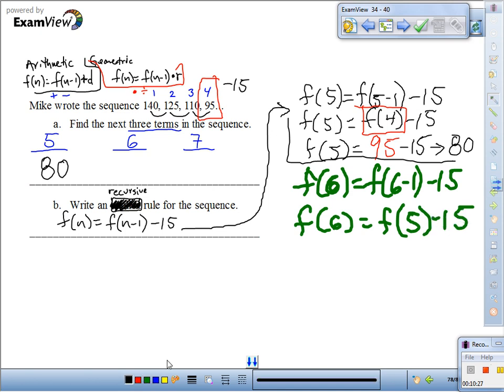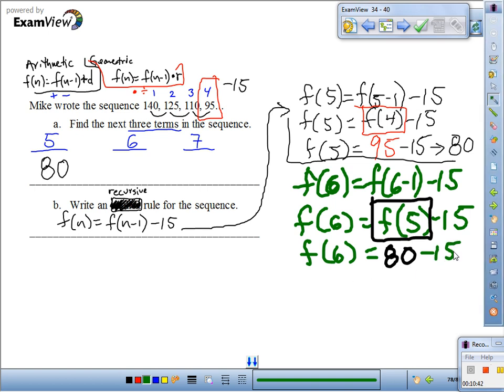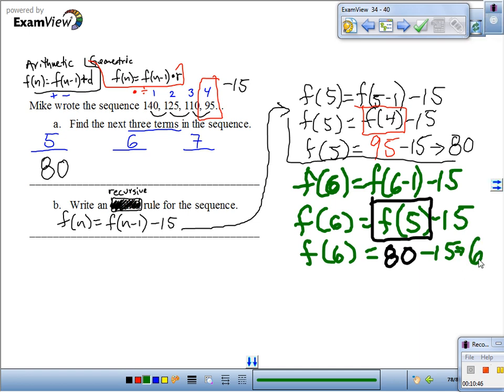At that point, what is f of 5, everyone? 80. That is correct. Bring down the rest. F of 6 equals 80 minus 15. What is 80 minus 15? 65. And that goes right there.